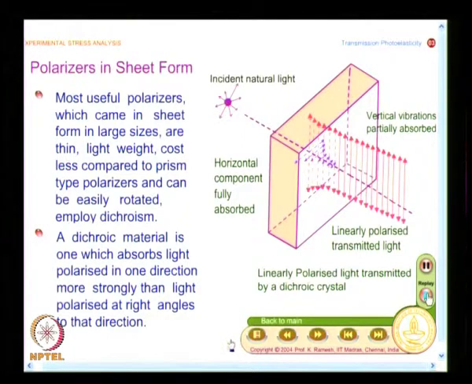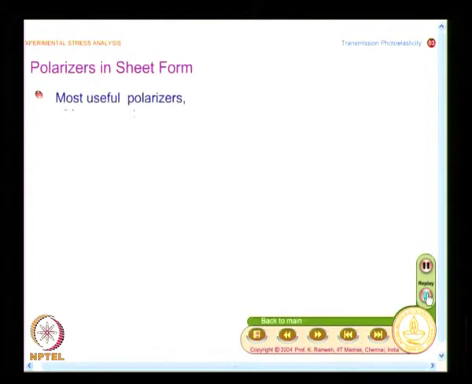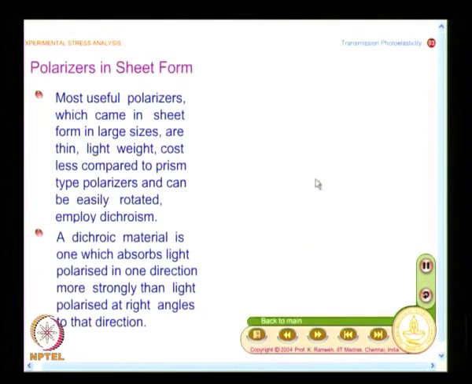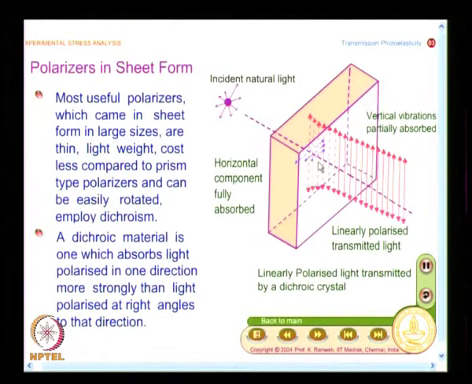And for your benefit, I can show the animation again. So, what I have here is the horizontal component gets absorbed. The animation is not shown simultaneously for vertical and horizontal, it is only emphasized for the horizontal. The horizontal component gets absorbed over the thickness of the sheet. So, what you have here is the most useful polarizers employ dichroism.